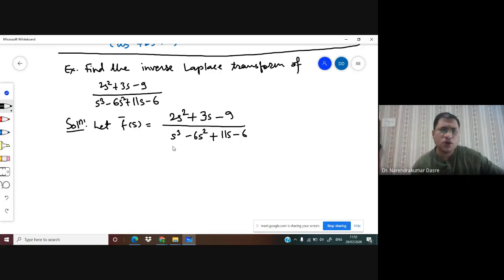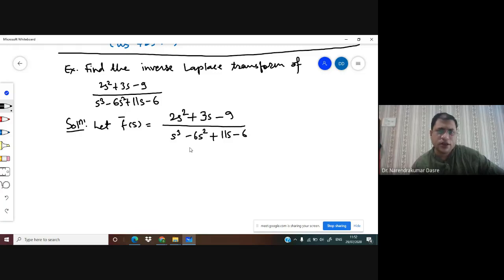Whatever method we have seen earlier was only for s and s square, but here you have s cube. You can see the degree of denominator is greater than the degree of numerator, so we don't have to use the derivative here.